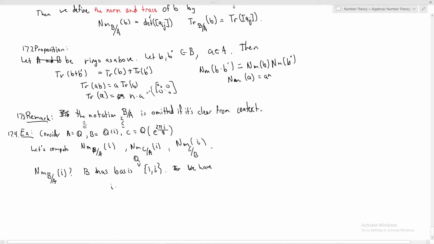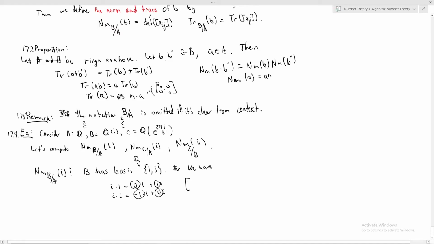so i times 1, that's just 0 ones and 1 i. And i times i is negative 1 ones and 0 i's. Okay, so for our matrix, I just take these coefficients.